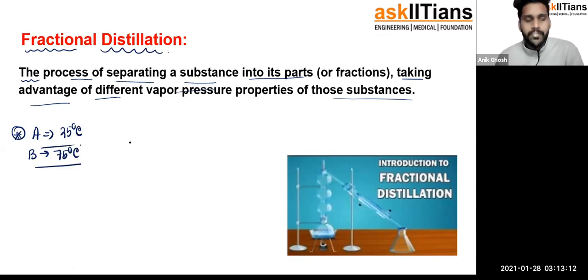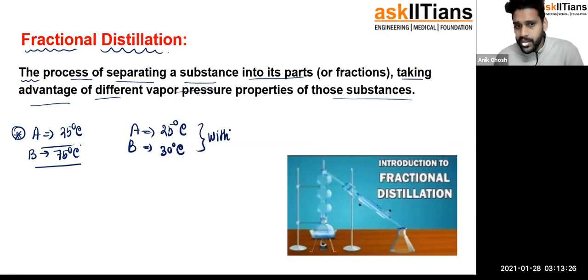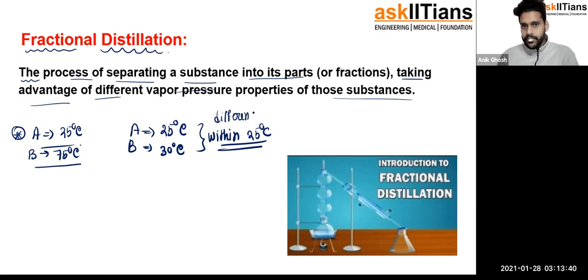But if A and B both have very close boiling points, like 25 and 30 degrees centigrade, so the difference is within 25 degrees, then what can happen?